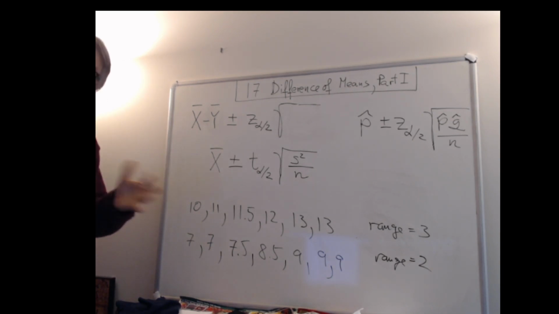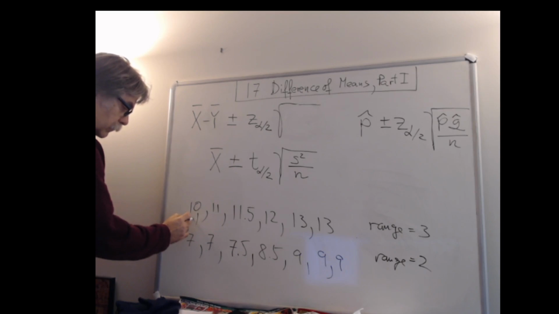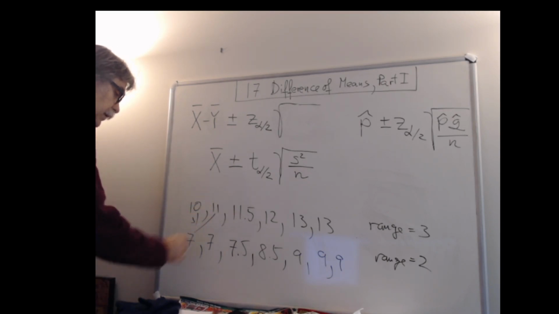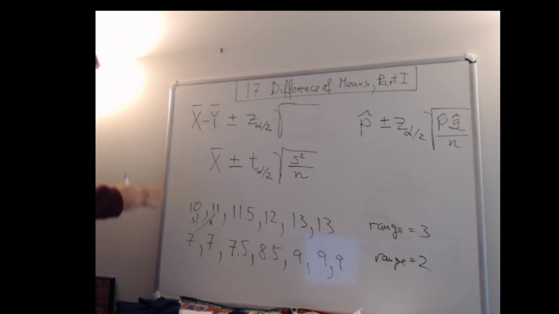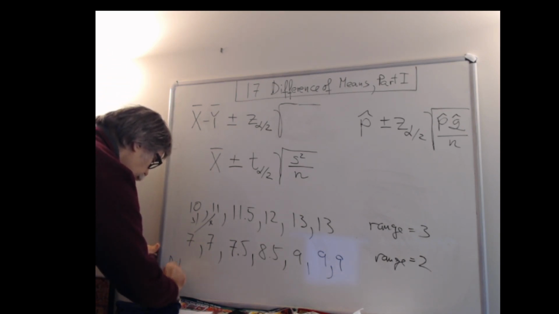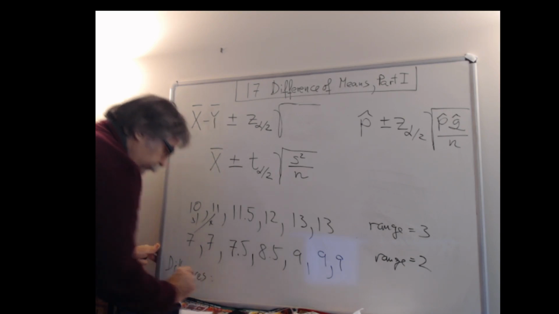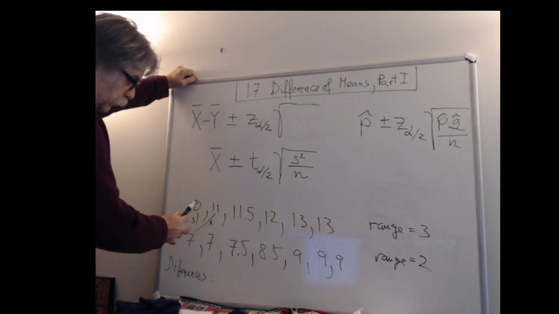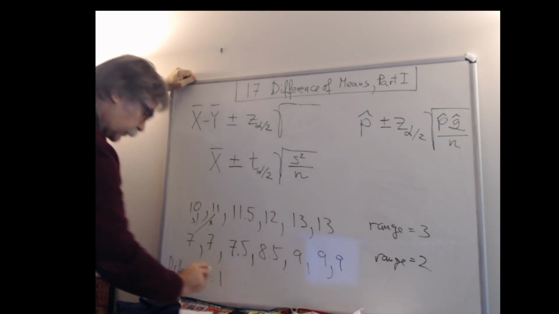Now, let's take all of the differences I could have. Here is a difference I could have, it's 3. This difference is 4. And on you go. The smallest difference I would have would be this and this, which would be 1.